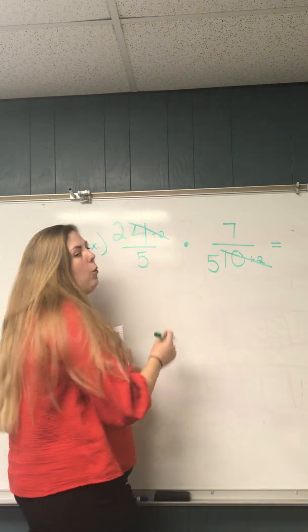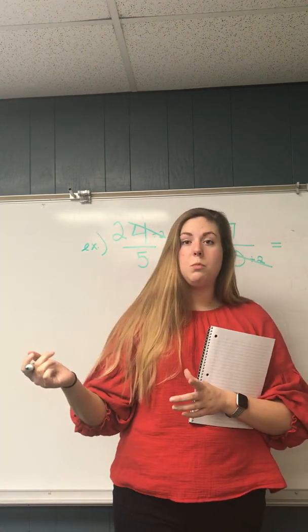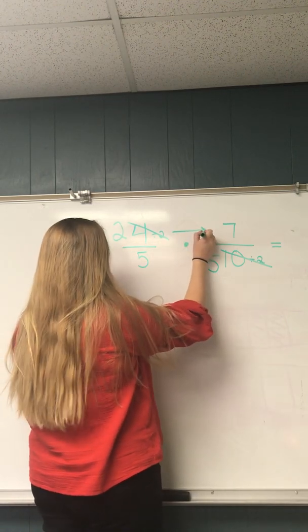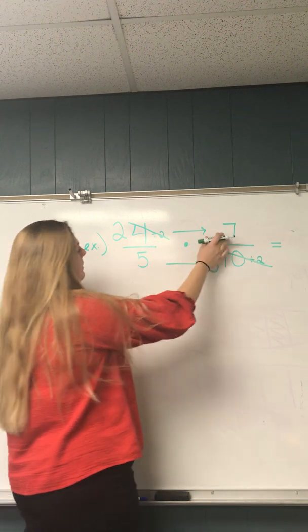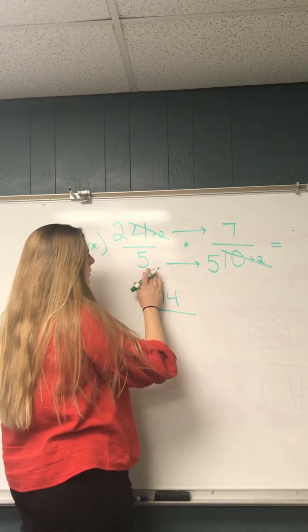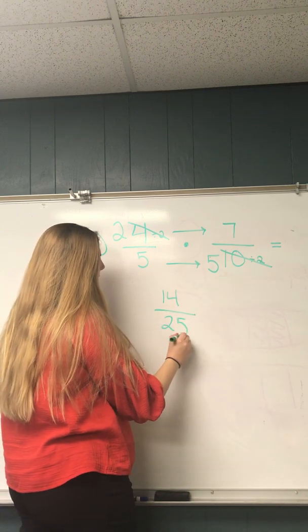All right. When we get done with cross simplifying, once we're done with that step, we can just go ahead and multiply straight across. So draw your arrow, 2 times 7 is 14. 5 times 5 is 25.